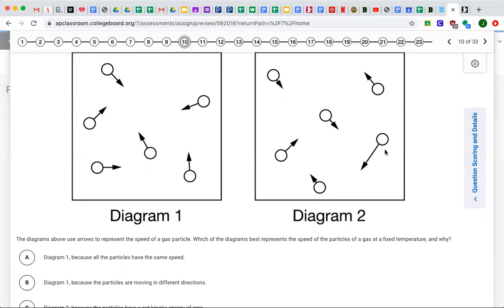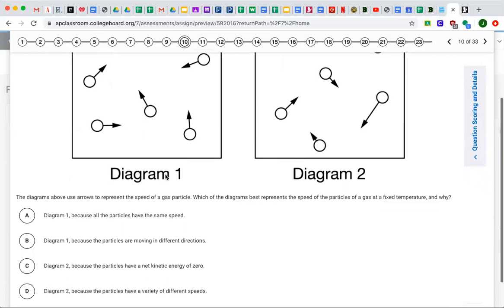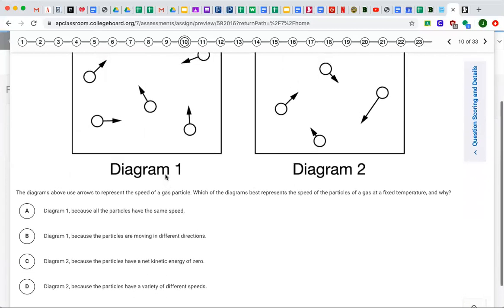This diagram is correct because they're bouncing into each other. When particles collide, sometimes one takes more of the kinetic energy than another, so they've got a variety of different kinetic energies, but the average is what's constant. That's held there by the constant temperature.